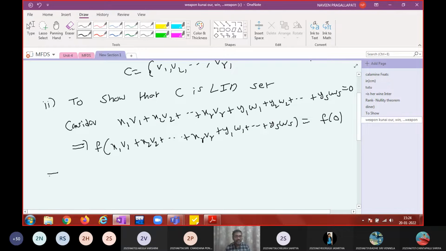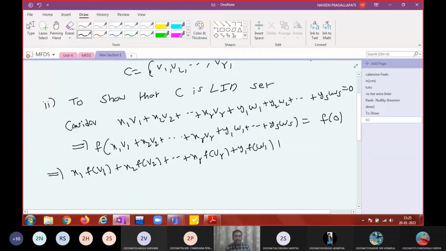And you know f is a linear operator. That means what? X1 into f of v1 plus x2 into f of v2 plus and so on plus xr into f of vr plus y1 into f of w1 plus y2 into f of w2 plus and so on plus ys into f of ws must be equal to what?